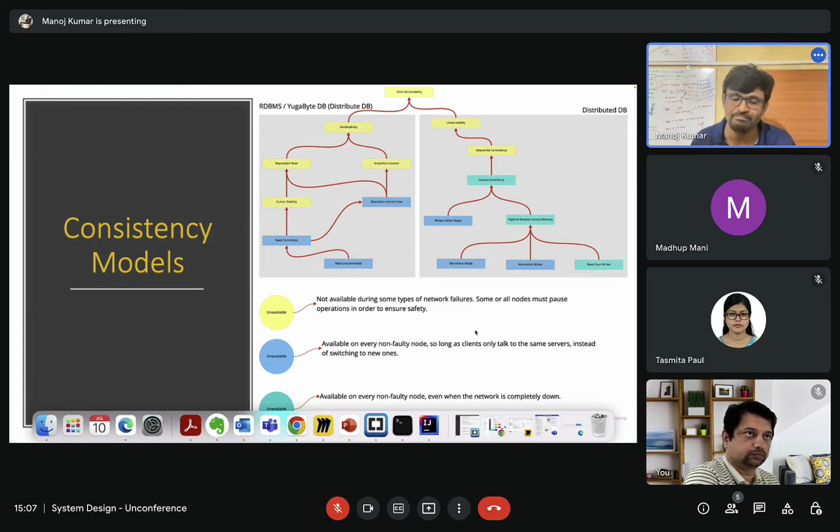You cannot say that at 1 o'clock you have 5032 requests, and after 2:30 you see the data to be different. That is because replication is happening, and eventually it is trying to become consistent, but it is not.